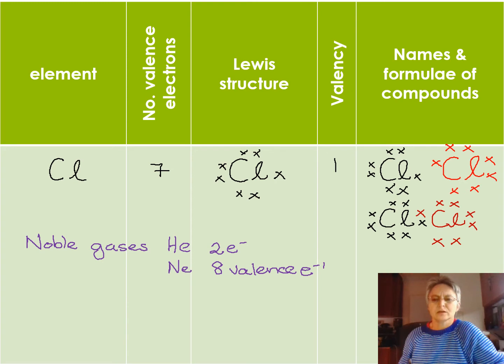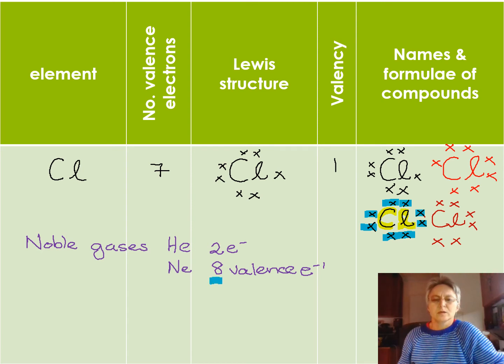So let's look at this chlorine. This chlorine here, when it is sharing the electrons with the second chlorine, it's got 1, 2, 3, 4, 5, 6, 7, 8 electrons.